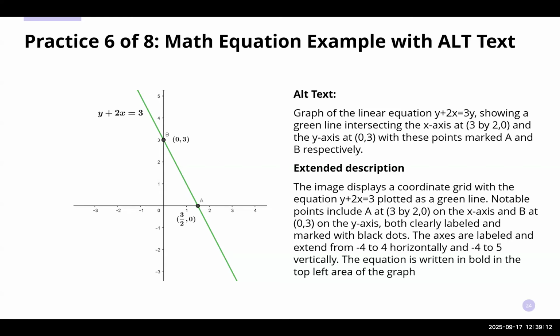Graph of a linear equation, y plus 2x equals 3, showing a green line intersecting the x-axis at (3/2, 0). These are marked A and B respectively.